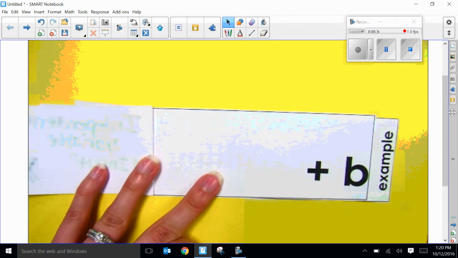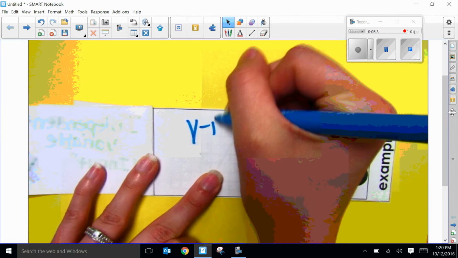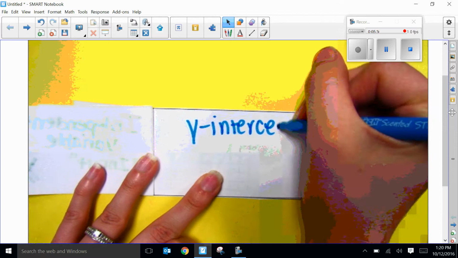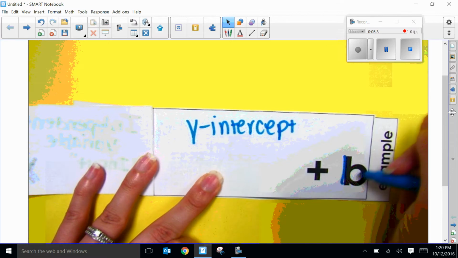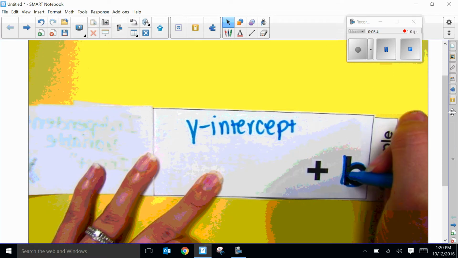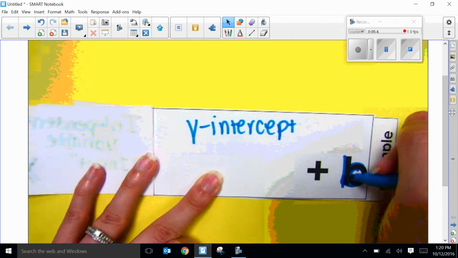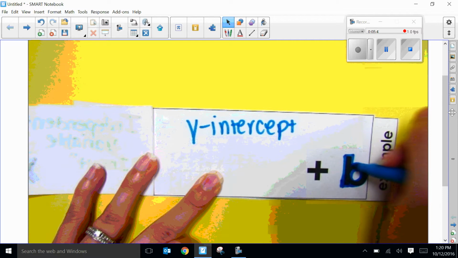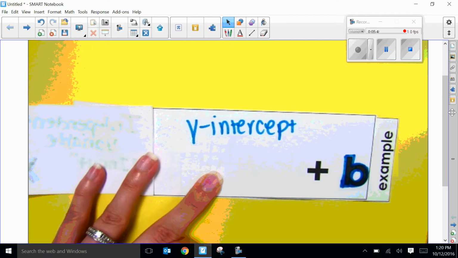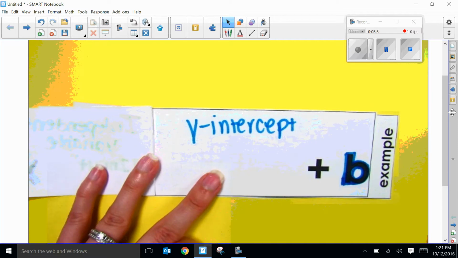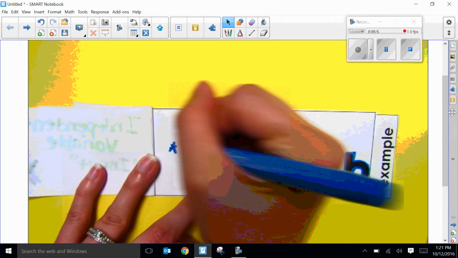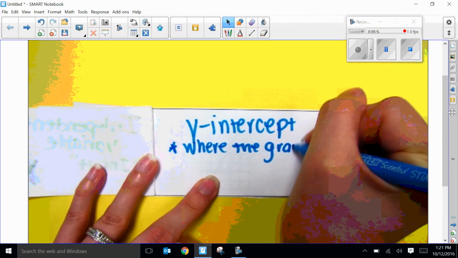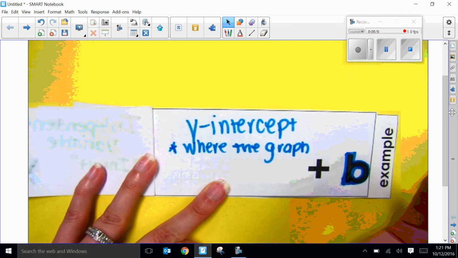B is known as our y-intercept. People always ask me why it's labeled B, and I never have an answer for that. Maybe your teacher has an answer. I don't know why we call it B, but it's where the graph crosses the y-axis.